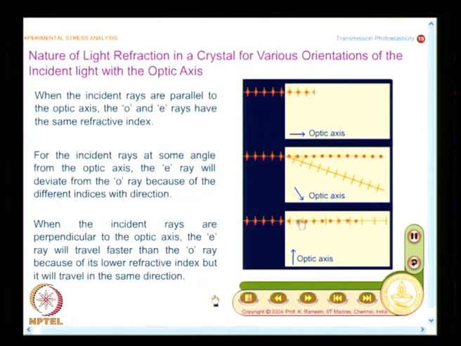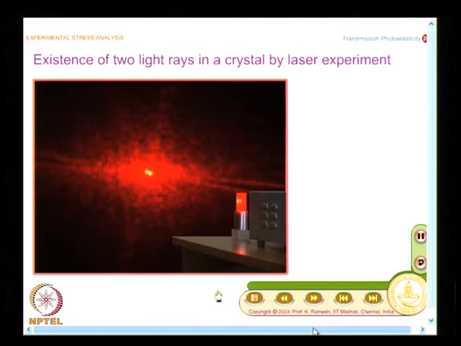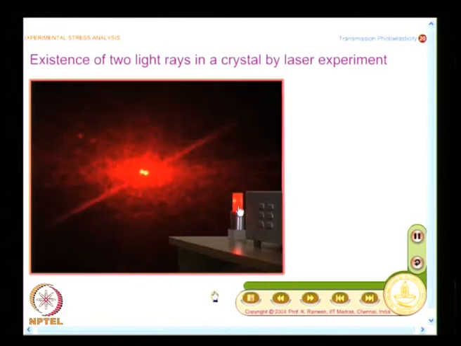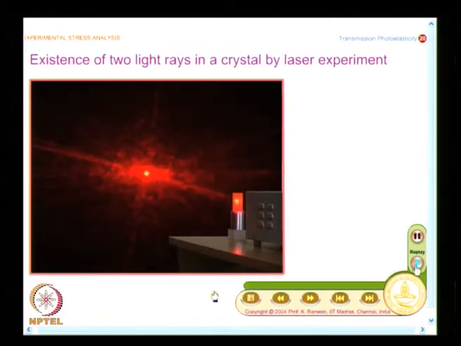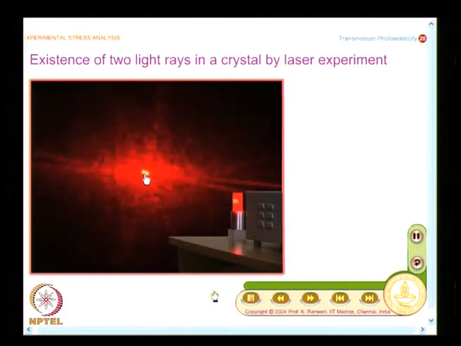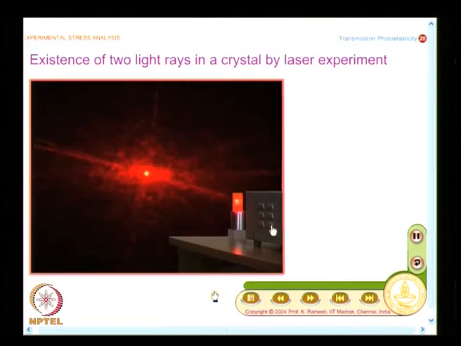So, for one incident beam, I have two refracted beams, their planes of polarization are mutually perpendicular, and they also acquire a retardation within the crystal. We have also rotated a crystal and saw that one dot becomes two dots, which indicates that the incident light in relation to the optic axis has a role to play.